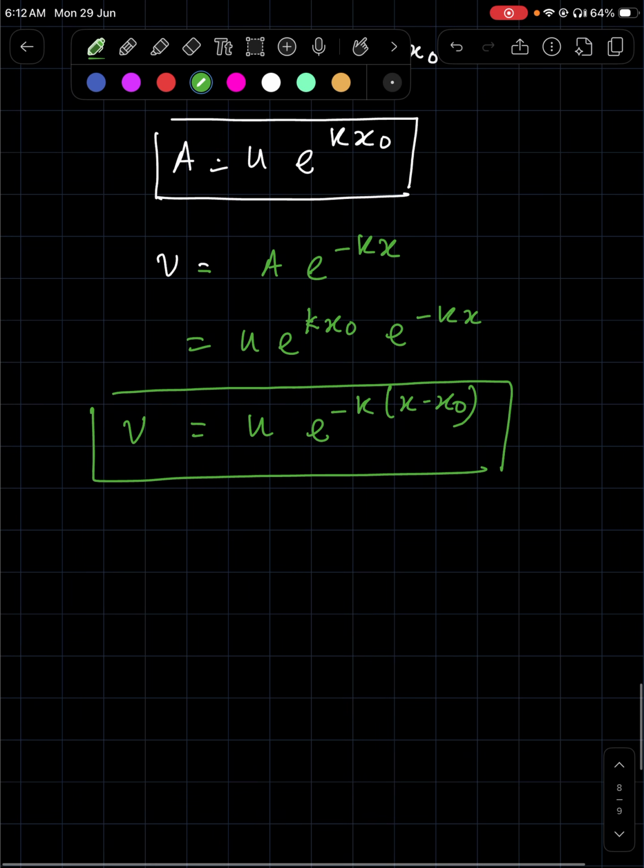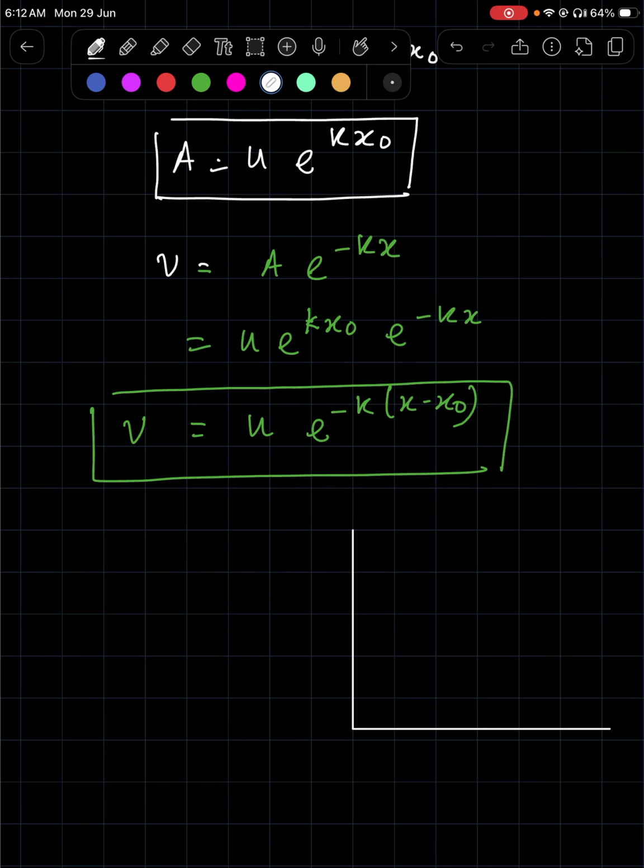Now I am going to draw this in a graph. What should the graph be? Suppose it is x equal to x naught. So this is the initial point, and from there the curve will be decreasing.